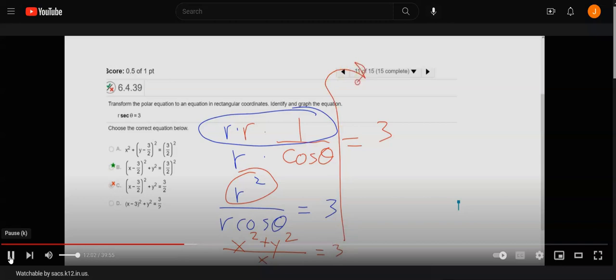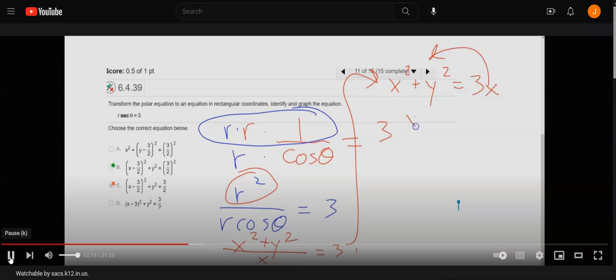We're going to cross multiply and get x squared plus y squared equals 3x. And then we're going to bring the 3x over, and that's going to give us x squared minus 3x. Make him change it to minus 3x, please. Why did he put positive?